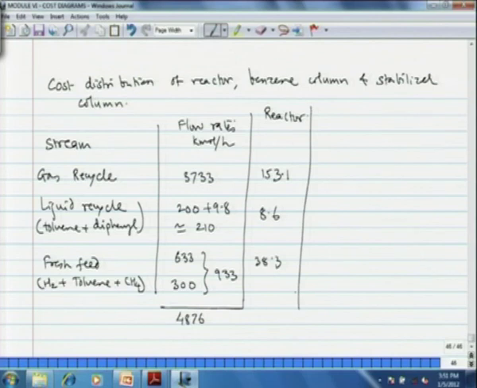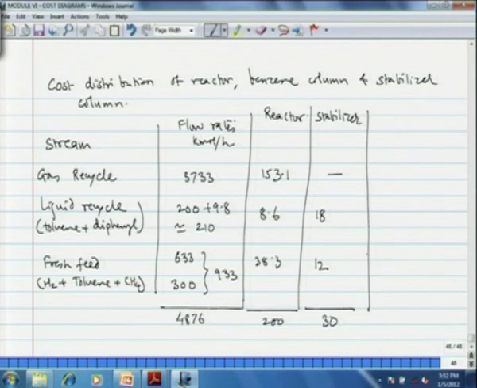Then the stabilizer column. There is no gas recycle stream for the stabilizer, so that is 0, and the total $30,000 is distributed in proportion 18:12 to liquid recycle and fresh feed.